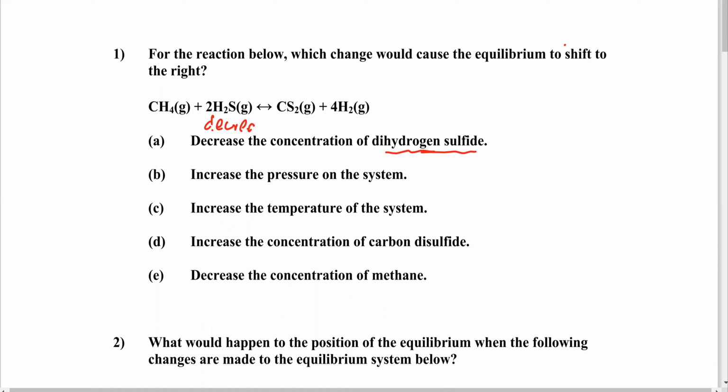Think carefully, what would the equilibrium do? Oh no, then it will go to the left, because it's going to try and do the opposite. It's going to try and increase the concentration, so it's going to move to the left. Not that one.